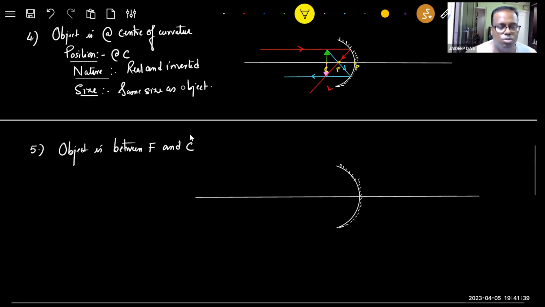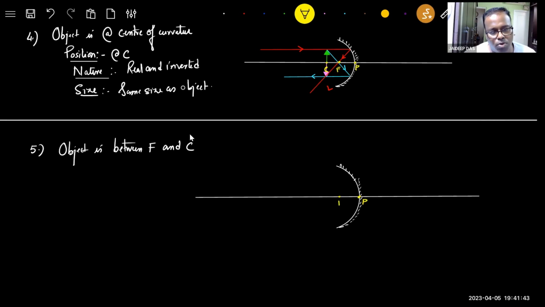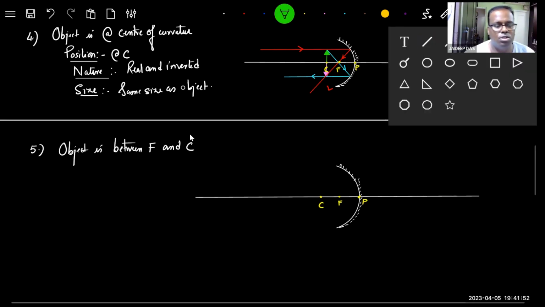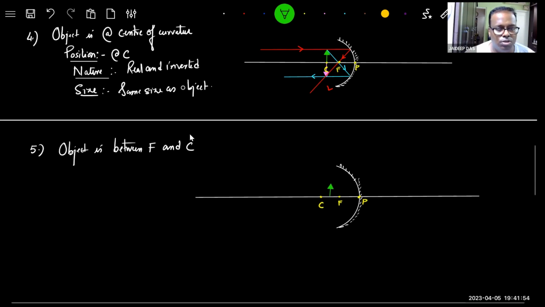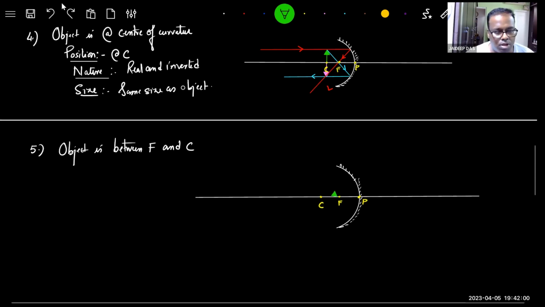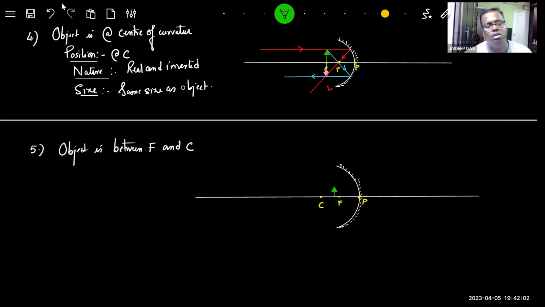Right. Let's mark it up. Pole, focus, center of curvature. So our object is between focus and center of curvature. So let's place the object. Object is somewhere here, between focus and center of curvature. Like this. Right.